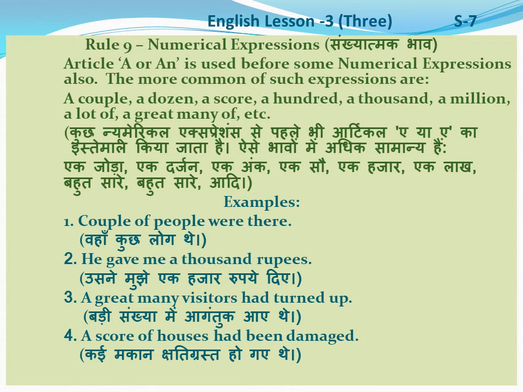So friends, as we discussed above, the numerical expressions such as a couple of, a dozen, a score, a hundred, a thousand, a million, a lot of, a great many of. Based on these expressions, see how a or an article is being used in these examples.